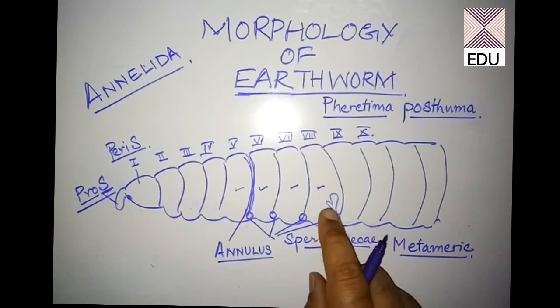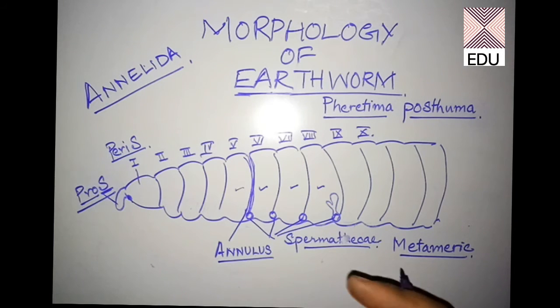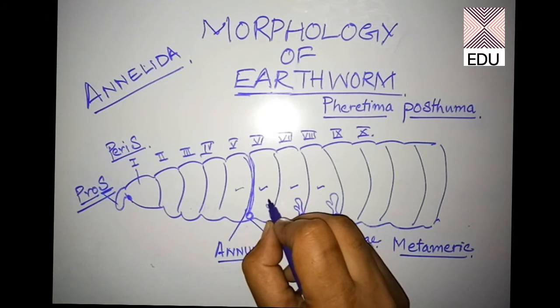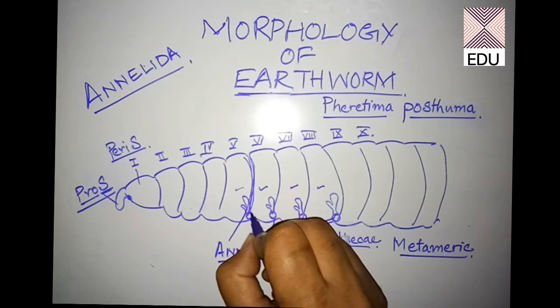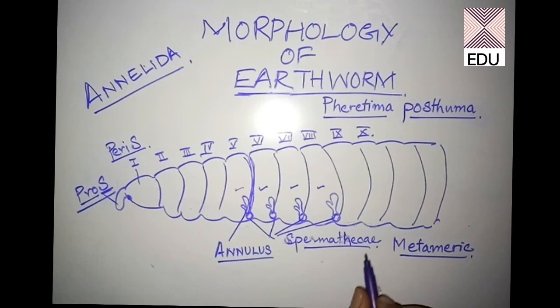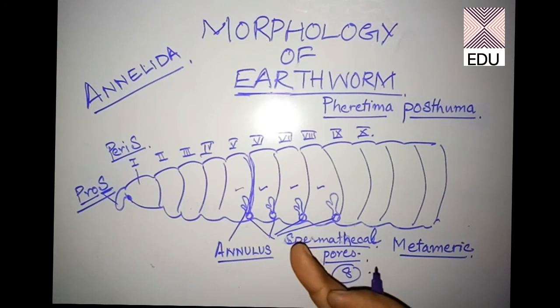These bag-like structures, called spermathecae, are present inside the earthworm and function to store sperms. So we should write them as spermathecal pores. They are 8 in number, 4 on the left side and 4 on the right side.